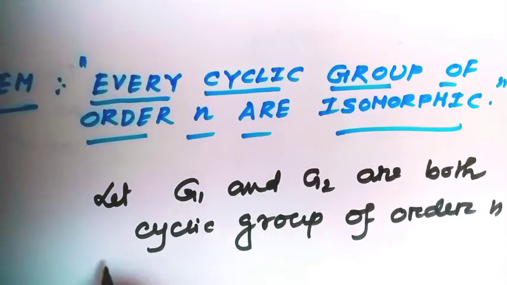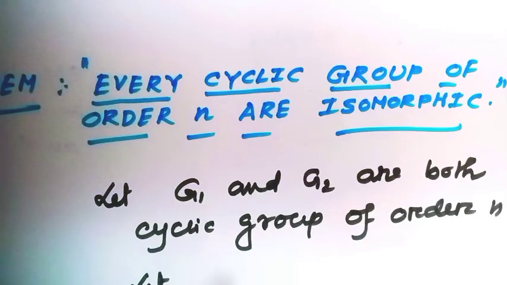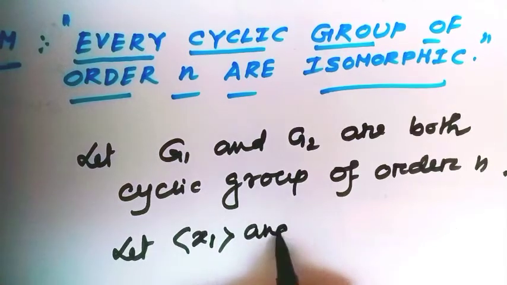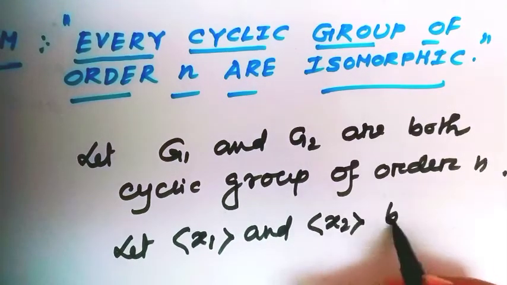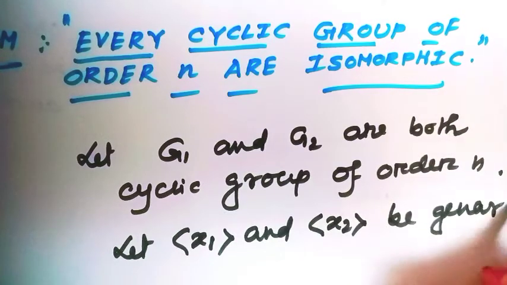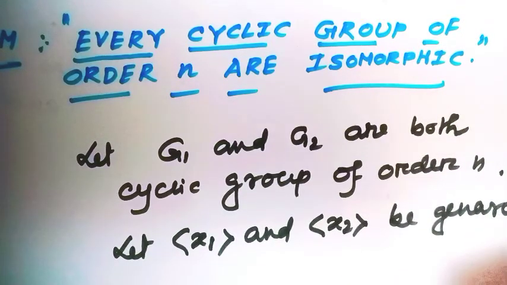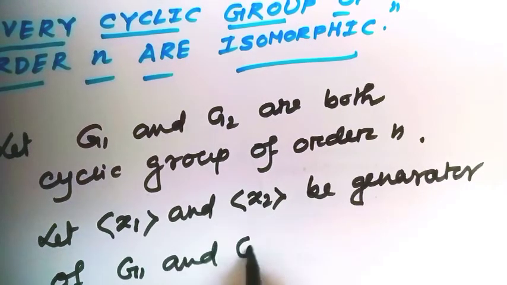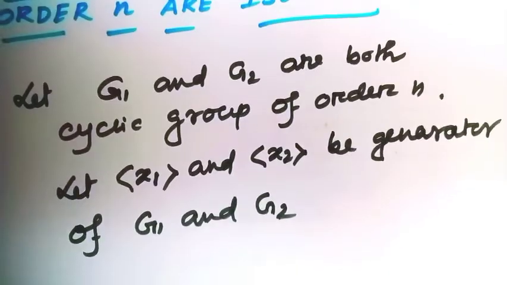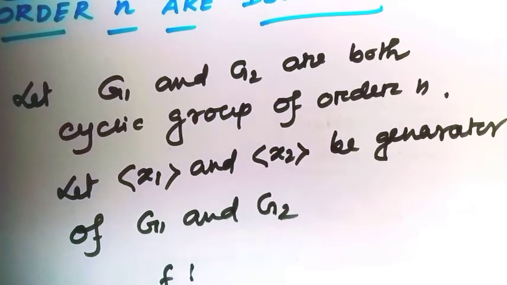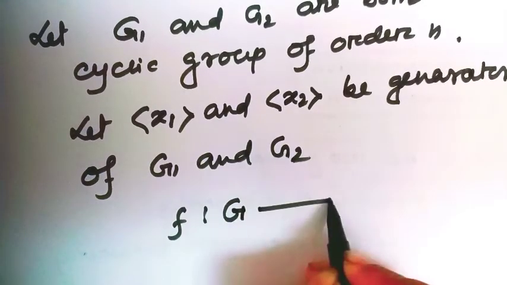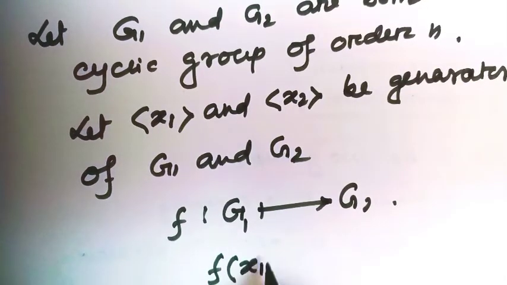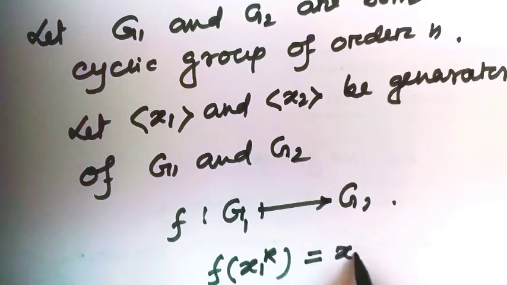Okay, and let x1 and x2 be the generators of G1 and G2 respectively. Now consider a map f from G1 to G2 such that f of x1 to the power k equals x2 to the power k.